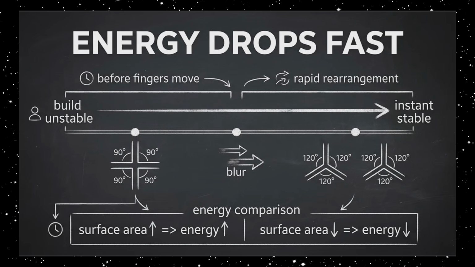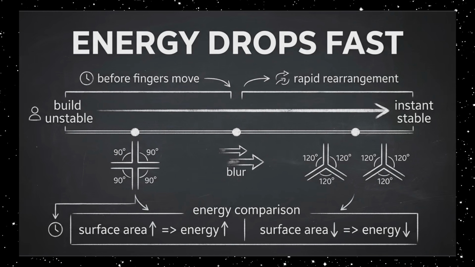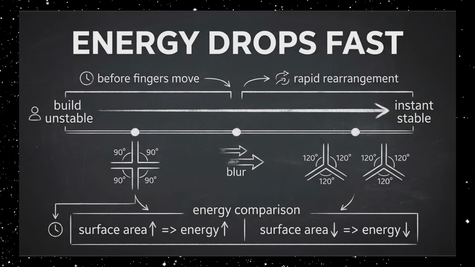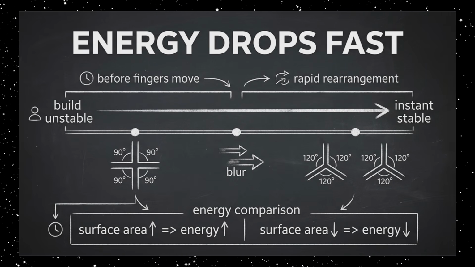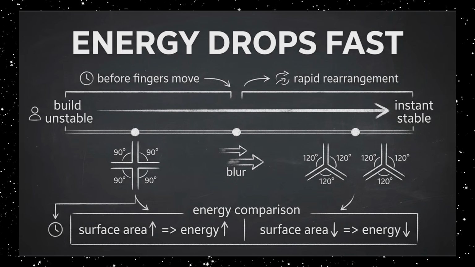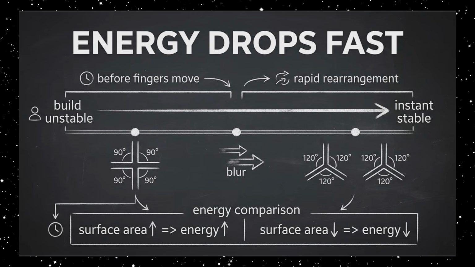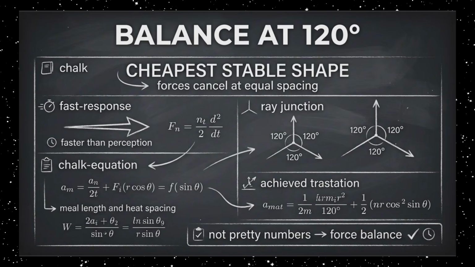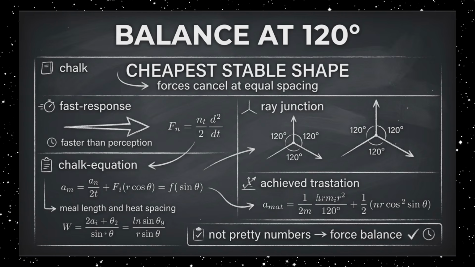Build the unstable arrangement, and before you can even pull your fingers away, it pops into the stable one. The 4-way junction at 90 degrees has more total surface area, more energy, than the pair of 3-way junctions at 120 degrees. And the film finds the cheaper arrangement faster than your nervous system can register what happened.